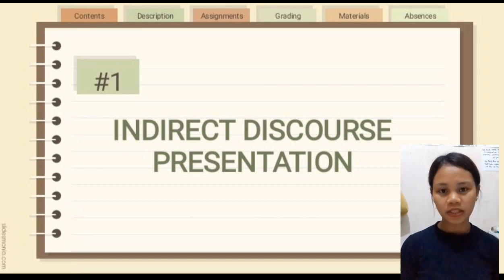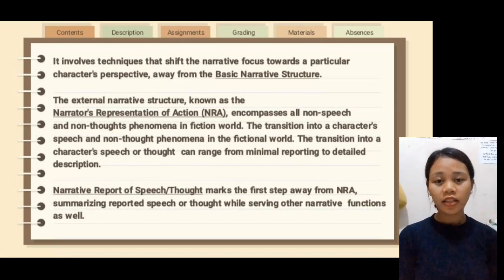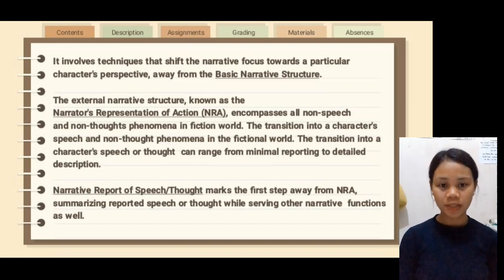Indirect discourse presentation involves techniques that shift the narrative focus towards a particular character's perspective, away from the basic narrative structure. So, when you're reading a story and it feels like you're right there with the characters, feeling what is happening in the story, that's the basic narrative structure.